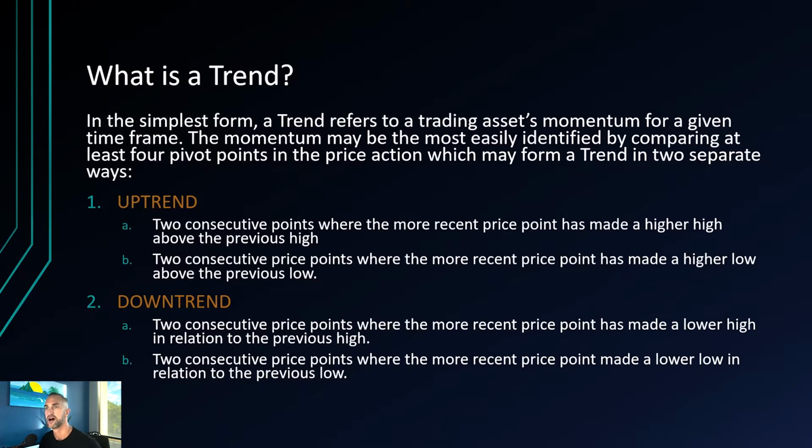So we really want to identify the word pivot as being defined as a swing. We'll use the words interchangeably. So let's get into some price action and identify some pivots, some swing highs, and then identify an uptrend, and then we'll take a look at what a downtrend is.